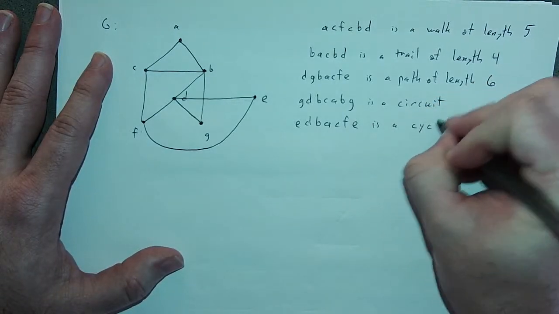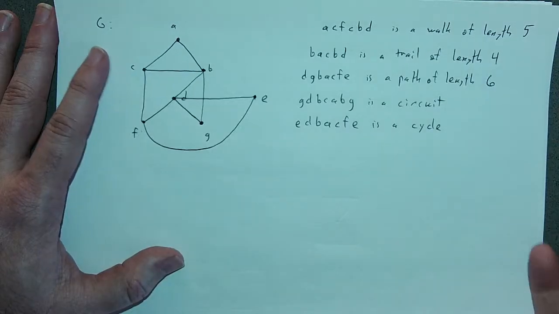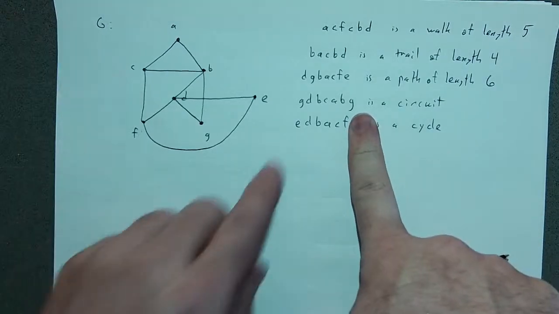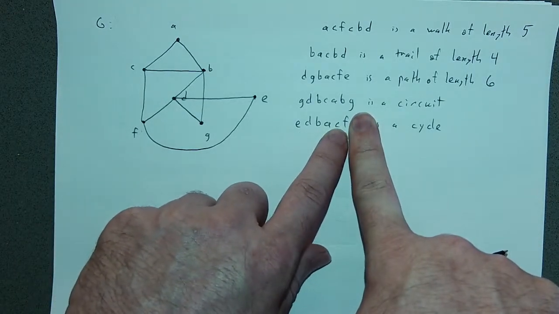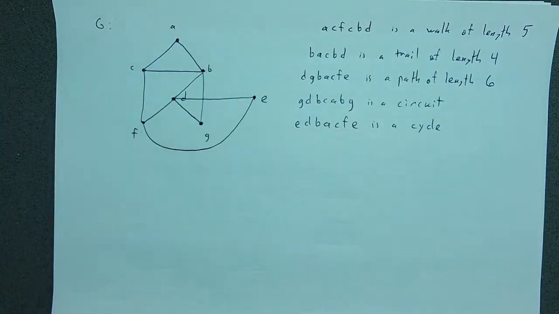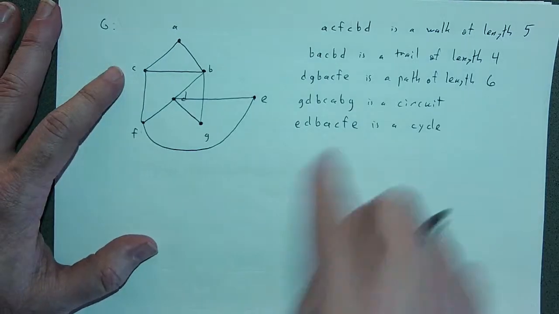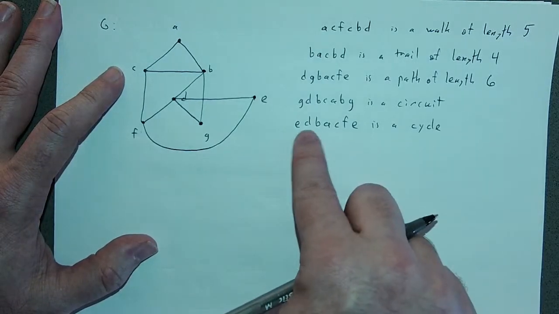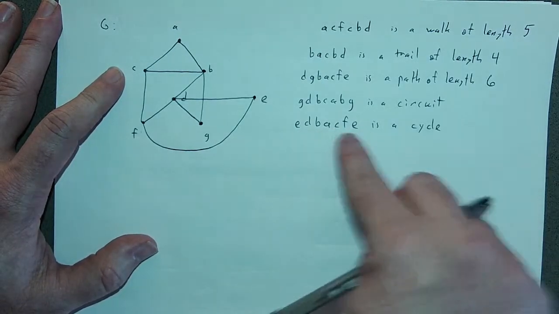What I'm doing is saying, well, the cycle in question is actually this thing, E, D, B, A, C, F, taken together with the edge FE. But writing it this way hopefully doesn't ruffle any feathers because you think that I'm going back on my definition that there can be no repetitions. That's not what I'm doing. I'm just saying that this is more convenient than writing E, D, B, A, C, F together with FE.